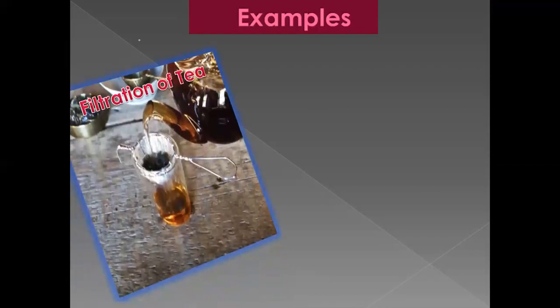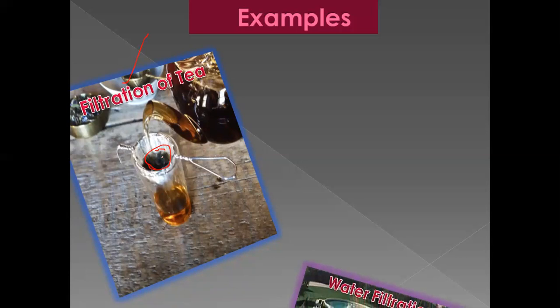Right now we can see some examples. Filtration of tea, like you can see here, tea leaves are left on what is called a sieve or strainer. This acts like filter paper or a membrane by which the water goes down and just the tea leaves remain up on the strainer. This is a very common example of filtration.